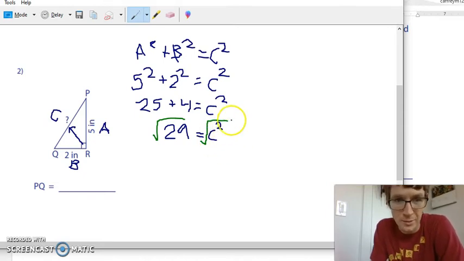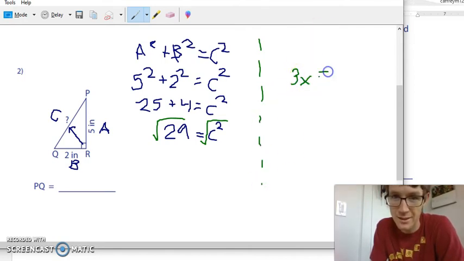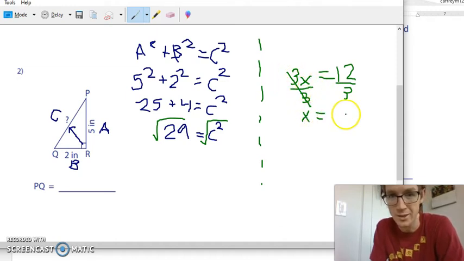So in like a normal math problem, let's say you just had, so this is off to the side, so this is different. I just want to make a point here. If you had 3x equals 12, and you want to get x by itself, it's 3 times x, so you do the opposite of multiplication. You divide by 3 to both sides. And that's how these cancel. Because 3 divided by 3 cancels, it becomes 1, and 1x is just x.